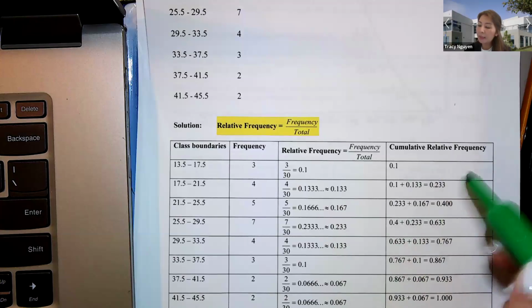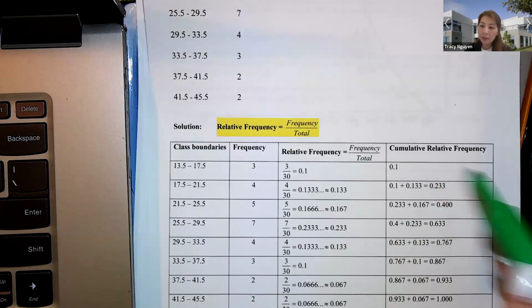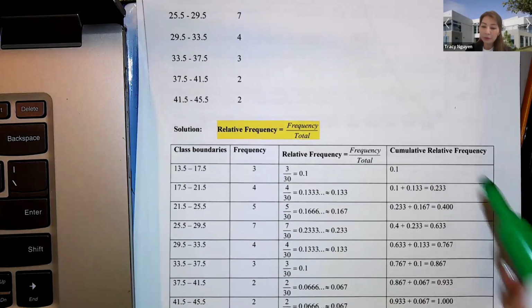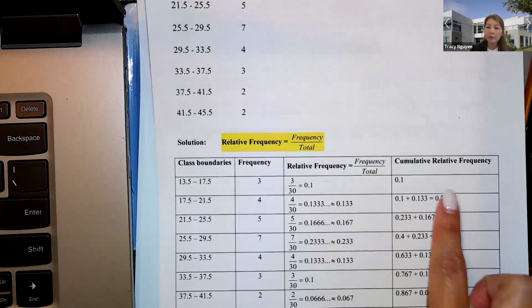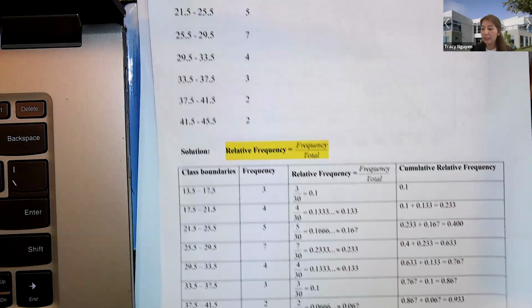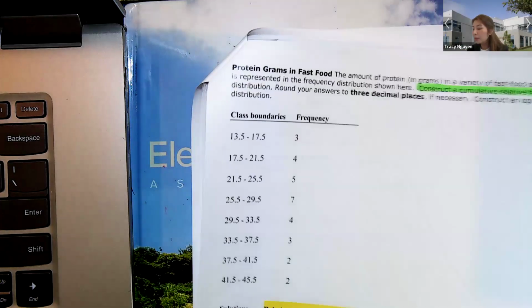After that, you keep adding the relative frequency, and that will give you the cumulative relative frequency. Just like how when you have the frequency, you can find the cumulative frequency. Here you have the relative frequency, you can find the cumulative relative frequency, okay? And then you just do the graph, that's straightforward.